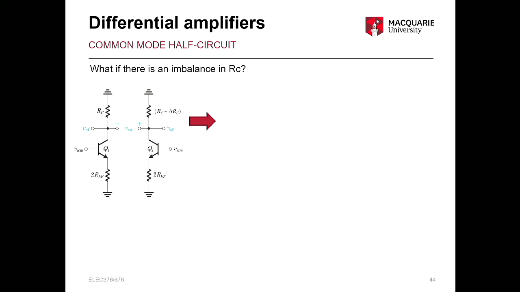And as we looked at before for RD, what if there's an imbalance in RC, our collector resistor? So you can see that's a delta RC on one side of the circuit. If we look at our current terms now, same as before, we have IE, it's VICM over RE plus, in this case, 2 REE.